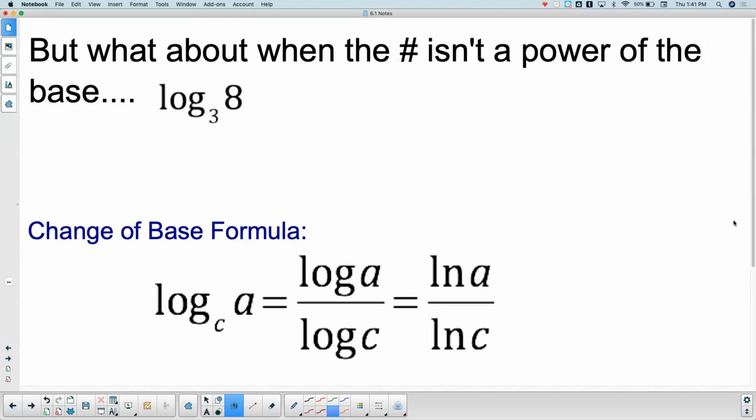Log here, without a base, is the same as log base 10 of a. And since all numbers are base 10, that's why it's on your scientific calculator. So if there's no base written here, then that is assumed to be base 10.